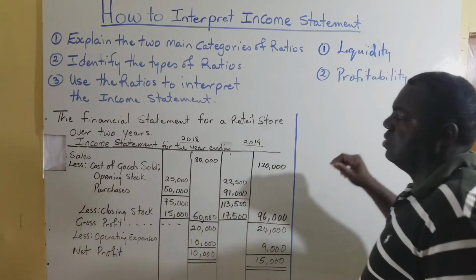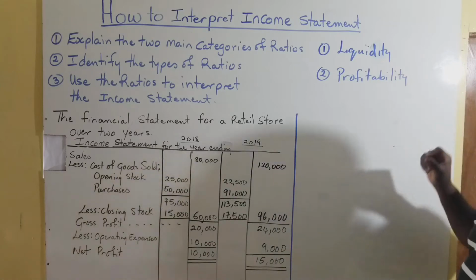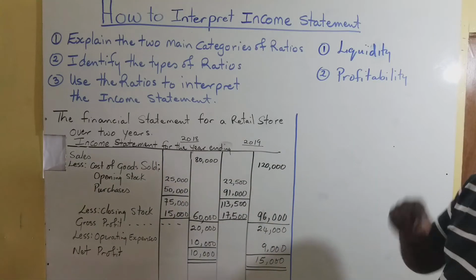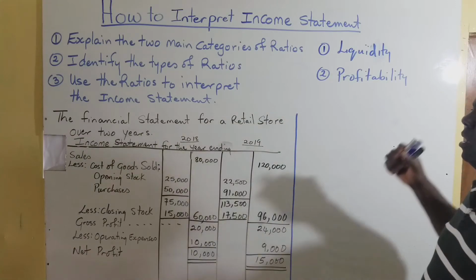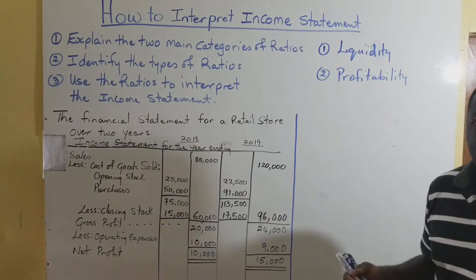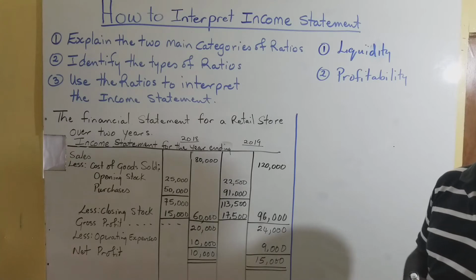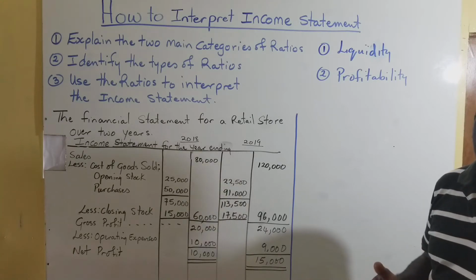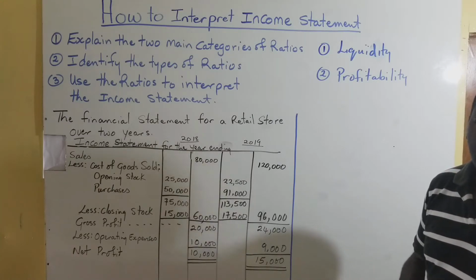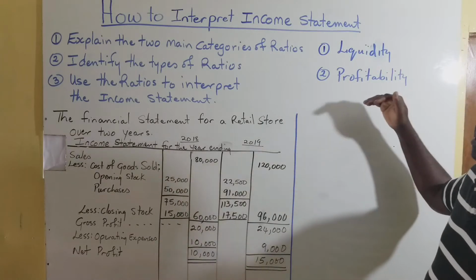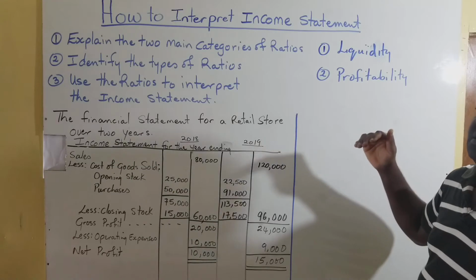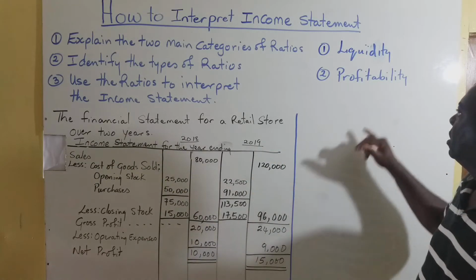Liquidity ratio really is intended to determine how well the company or the business is able to pay its debt whenever it falls due.